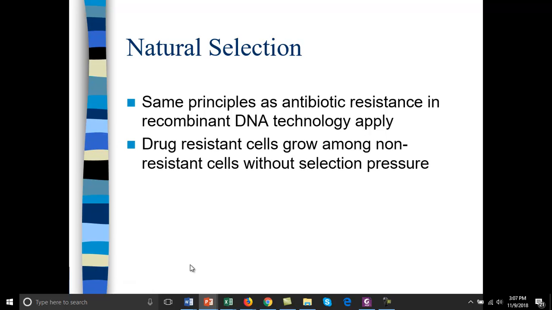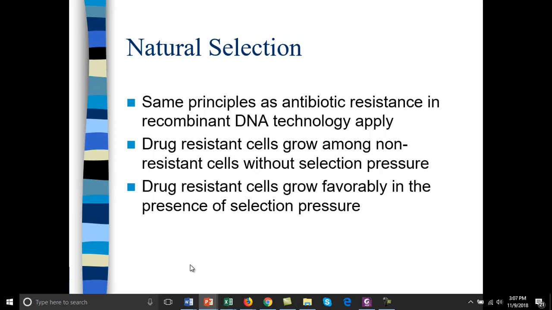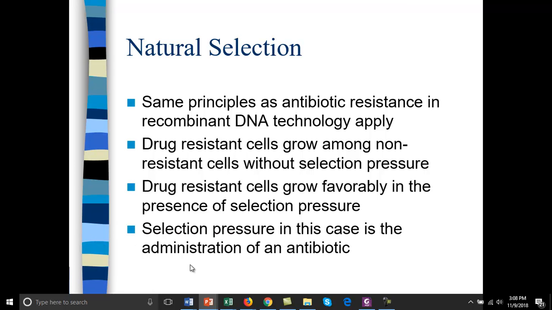So drug-resistant cells, if you grow them without selection pressure, so in the absence of antibiotic, they're going to grow along with the non-resistant cells. But as soon as you grow them in the presence of an antibiotic, then the drug-resistant cells are going to grow favorably, and that's the type of bacteria that's going to spread. Okay, and so selection pressure in this case is just adding an antibiotic, and then the only thing that grows are antibiotic-resistant bacteria.